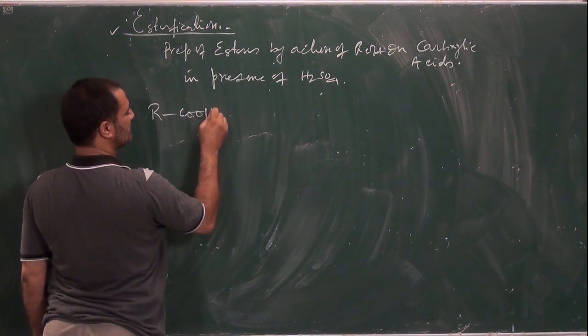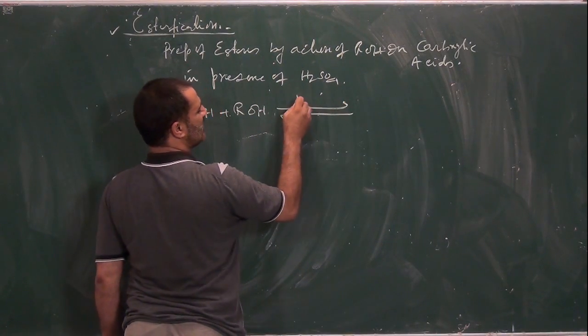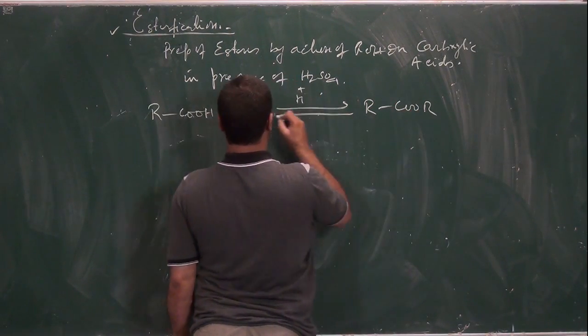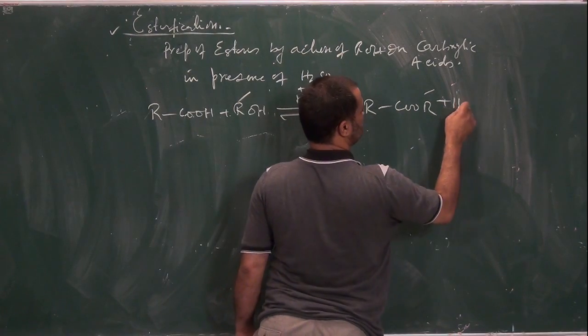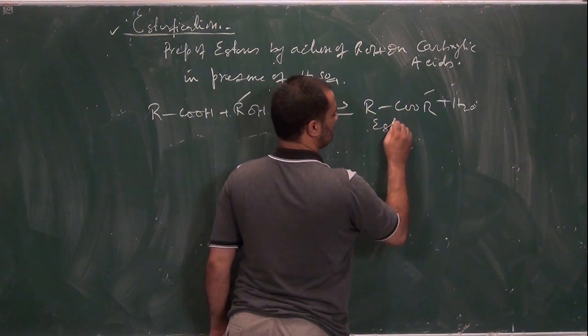RCOOH plus R'OH, in presence of H2SO4, gives RCOOR' plus H2O. So there is formation of esters.